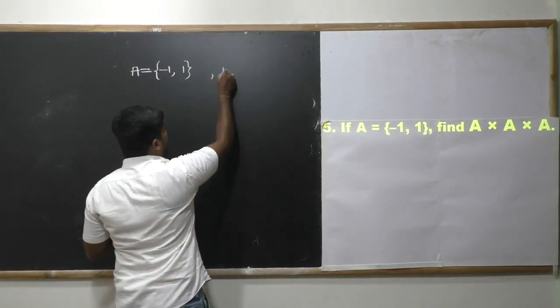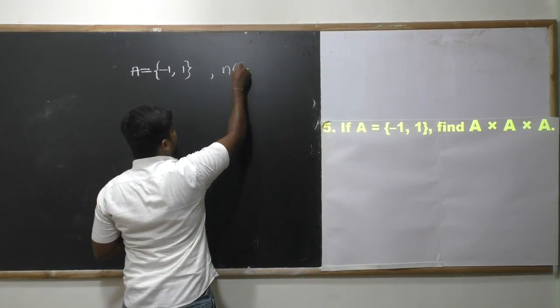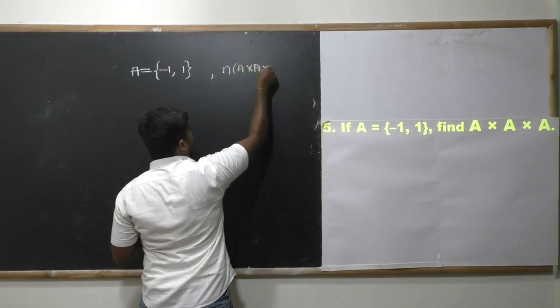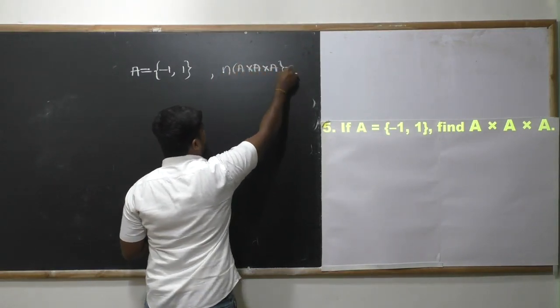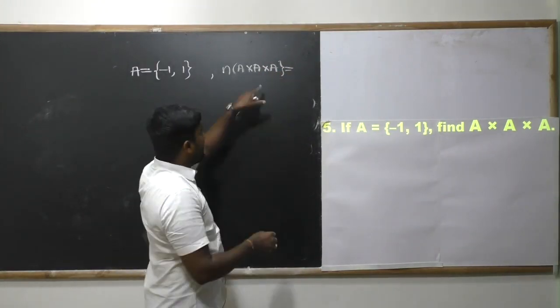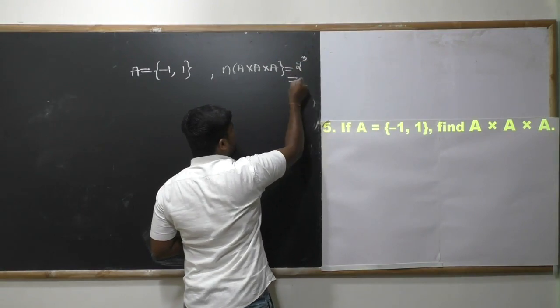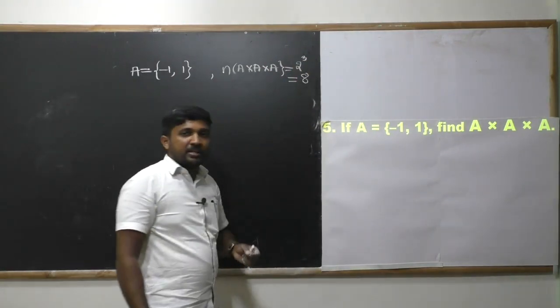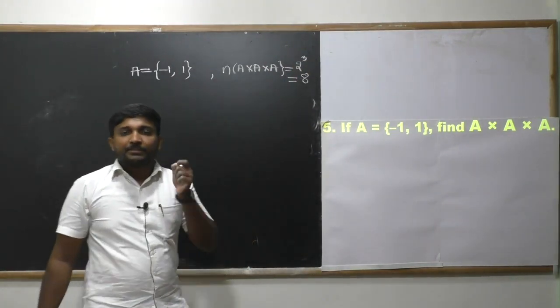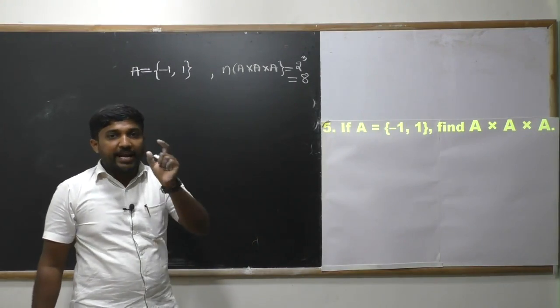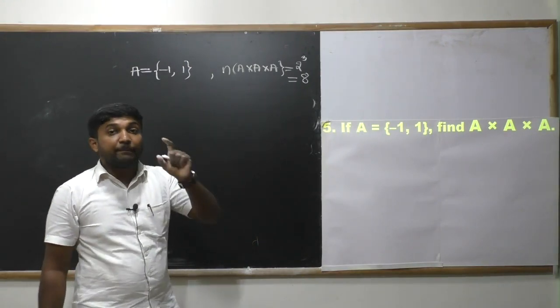Can you please tell me the number of elements present in A cross A cross A? According to the result, 2 into 2 into 2, 2 cube, that is 8 elements. That means our final answer must include totally 8 ordered triplets.